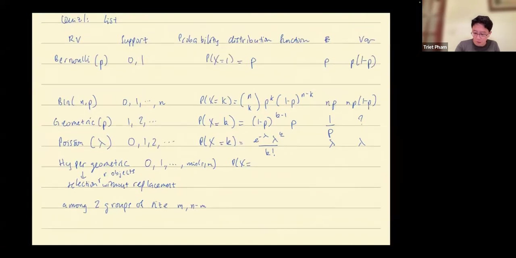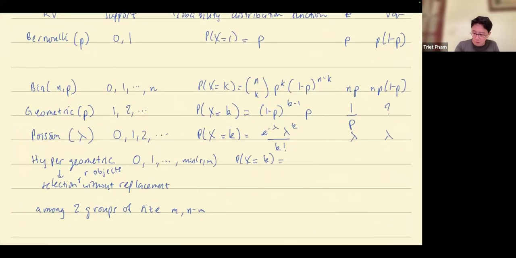So the probability x equals k will be, well, the total number of possibilities is n choose r. Out of n objects total, you choose r objects.